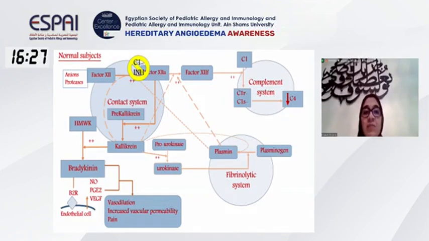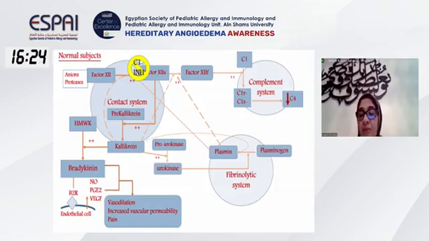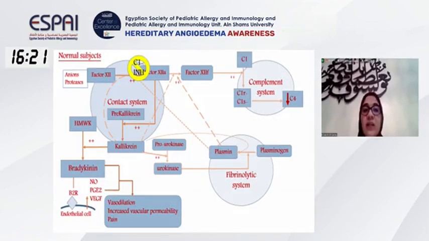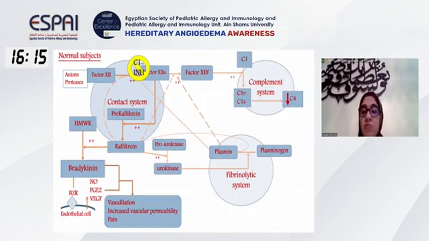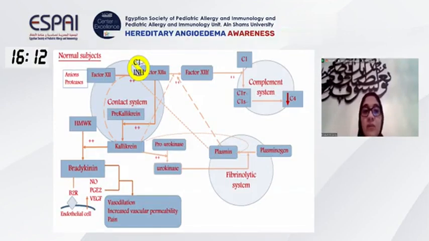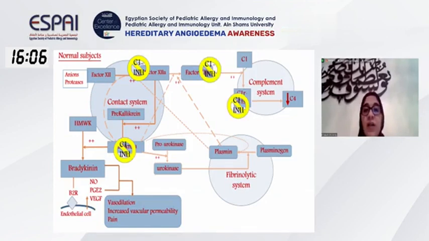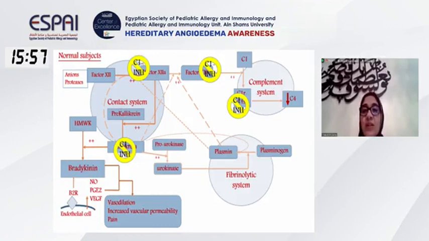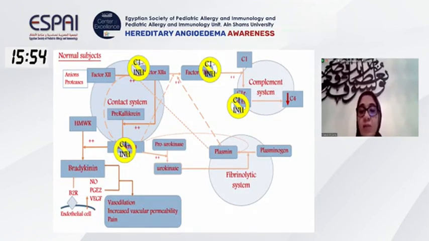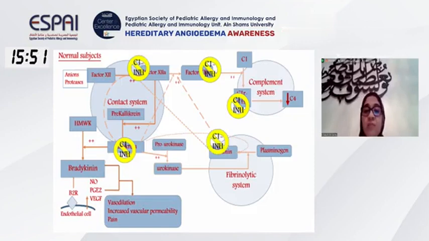This system, mainly the contact system, fibrinolytic, and complement system, is regulated by the C1 inhibitor, which is a serine protease inhibitor that acts as the main inhibitory step for the contact system through inhibition of activated factor 12 and kallikrein, as well as inhibiting the production of factor 12 fragment and C1r and C1s, as well as certain other proteases of the complement system. Moreover, it inhibits the plasmin of the fibrinolytic system.